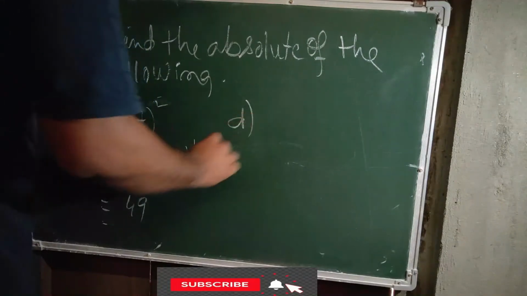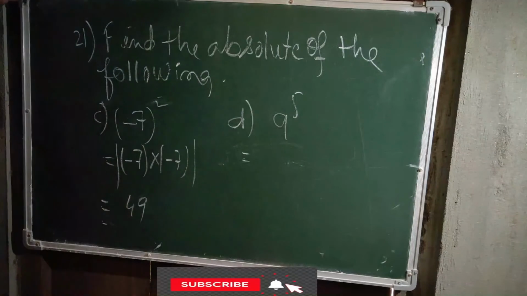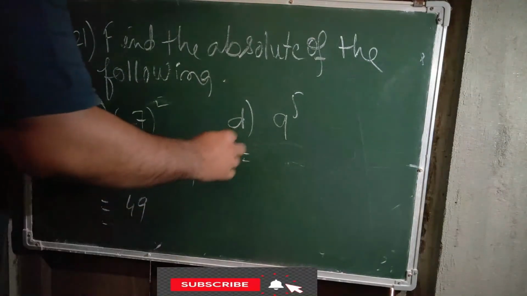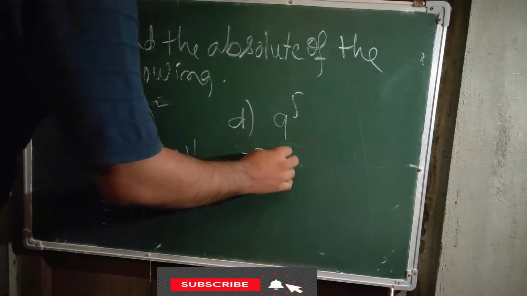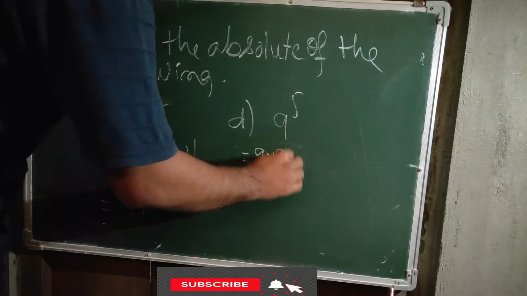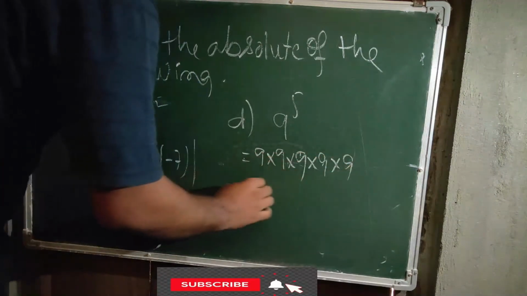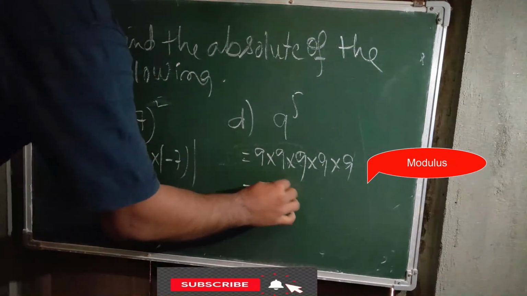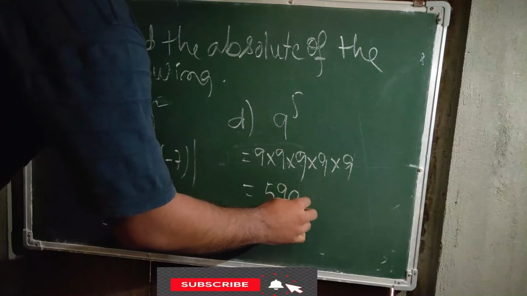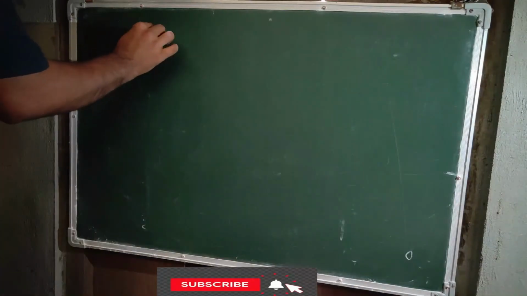So D number, D number is 9 to the power 5. So we have to multiply 9 five times. We'll get what? 59045.